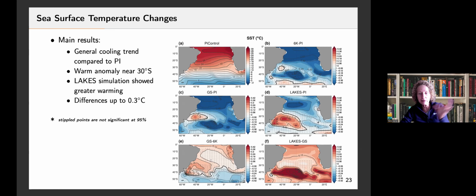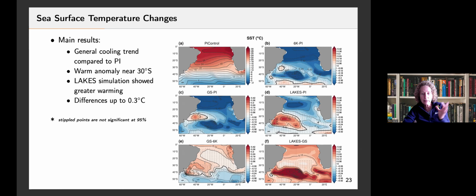And these two, the bottom plots, E and F, are just a difference between the two experiments, the GS and the lakes, that do have megalakes, but they're a little bit different, and then the orbital ones, just the mid-Holocene experiments.